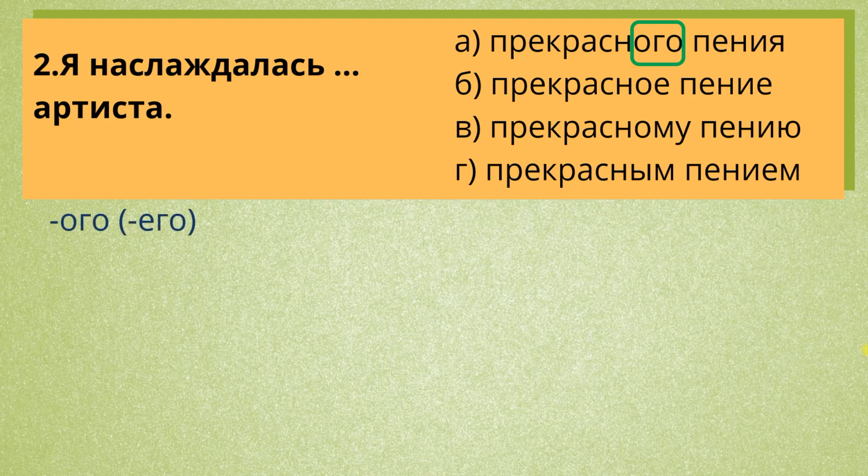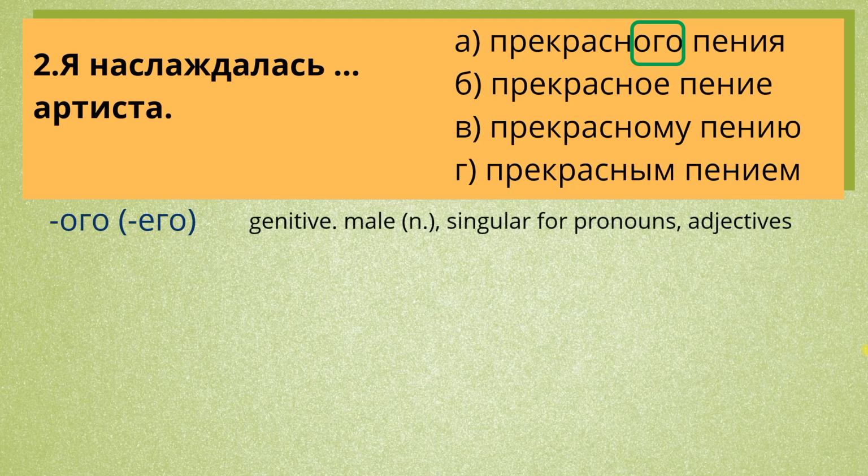It's a special one, whether it's ого or его. And it's about genitive case, male or neutral gender, singular, for pronouns or adjectives. Be careful. Again, students usually don't remember about neutral gender because, of course, we use fewer neutral nouns than male.